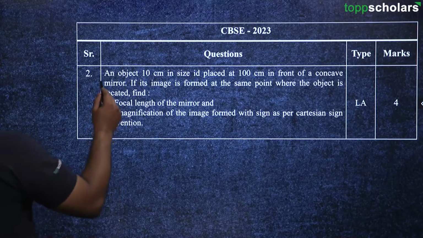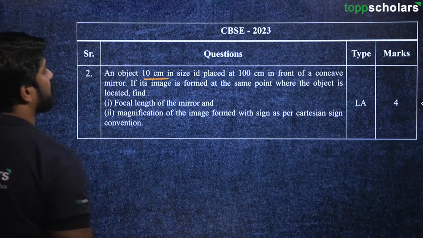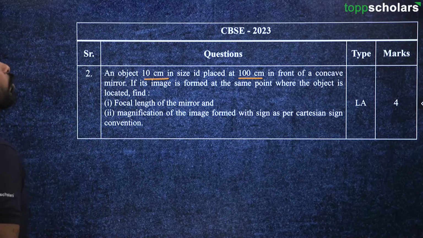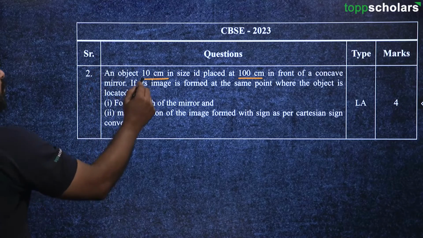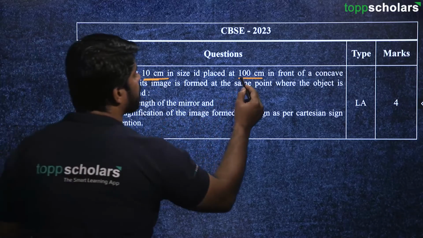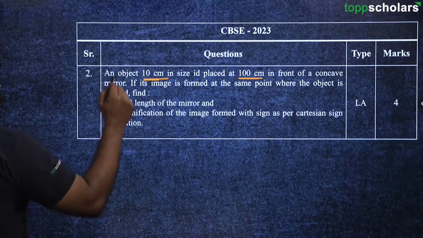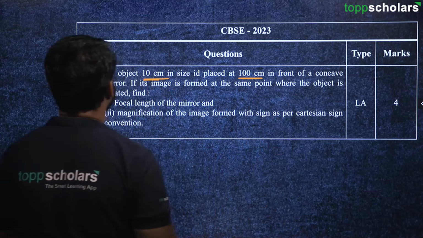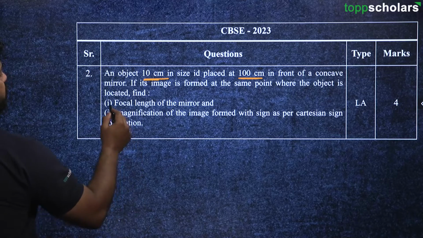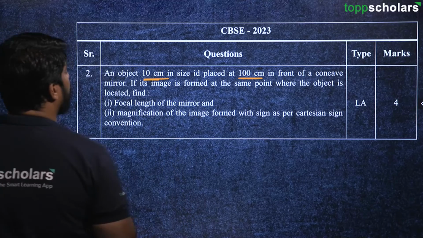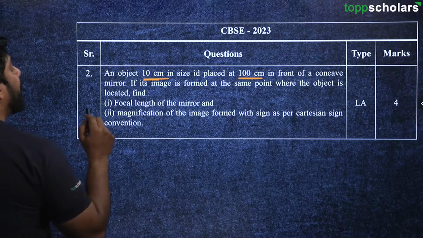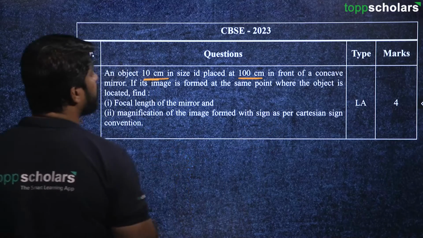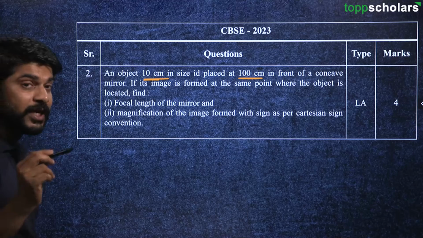Okay, another question. An object 10 centimeter in size is placed at 100 centimeter in front of a concave mirror. Its size is 10 centimeter and it is placed at 100 centimeter. If its image is formed at the same point where the object is located, find the focal length of the mirror and the magnification of the image formed with sign as per Cartesian sign convention.